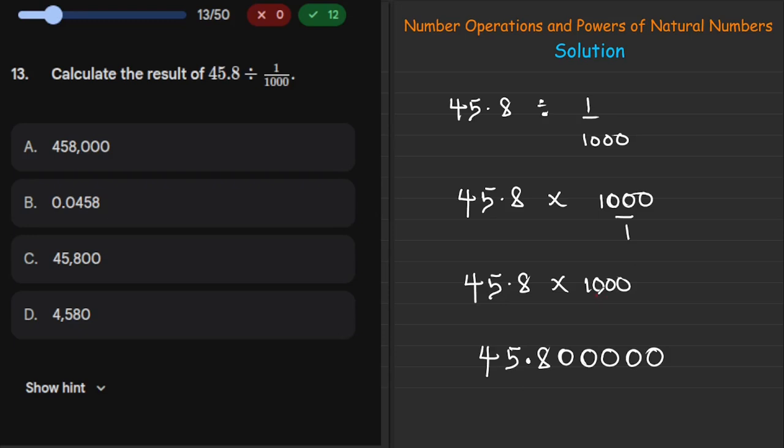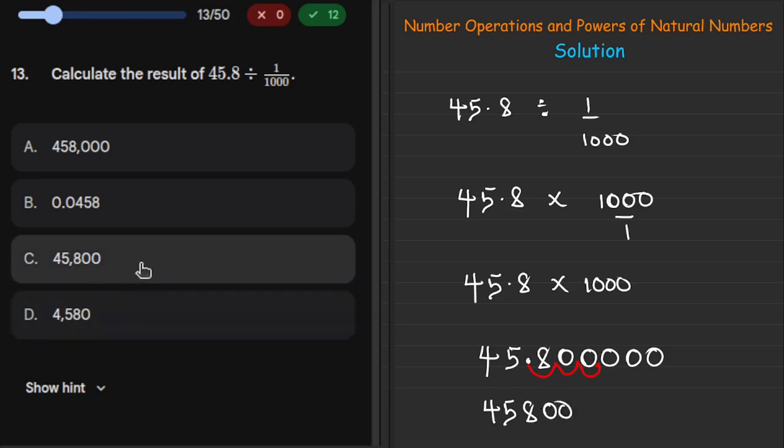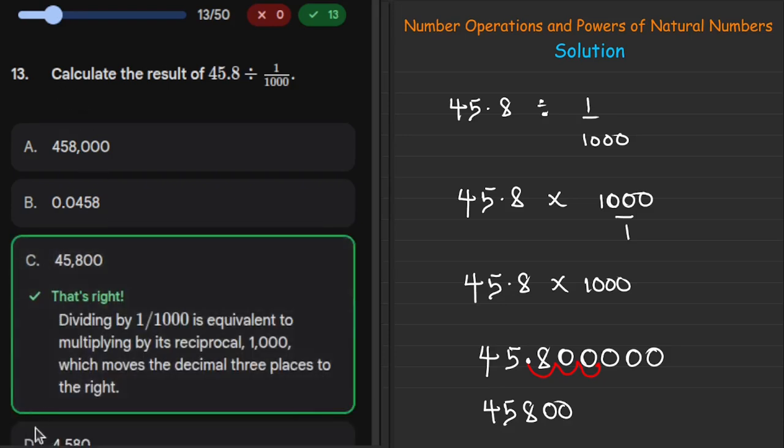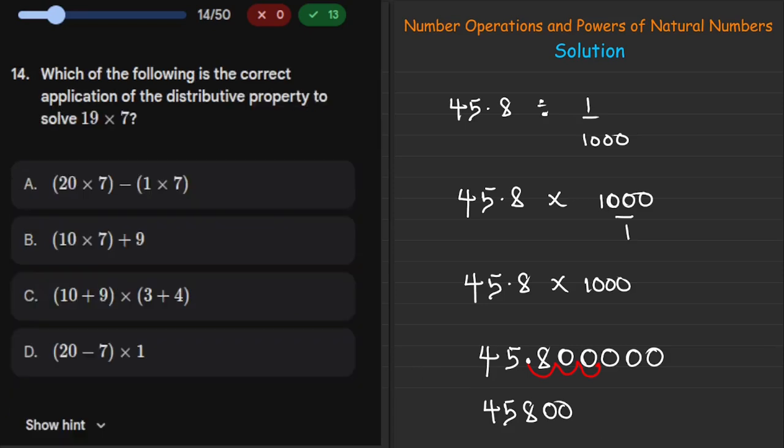So we are going to move our decimal point thrice. We have once, twice, then thrice. So we don't have it here. Hence we are going to have the 45 with the 8, and then how many zeros attached to it? 1, 2. And that is going to be C. So question number 13, let's choose C, and I do hope you got that. Question number 14.